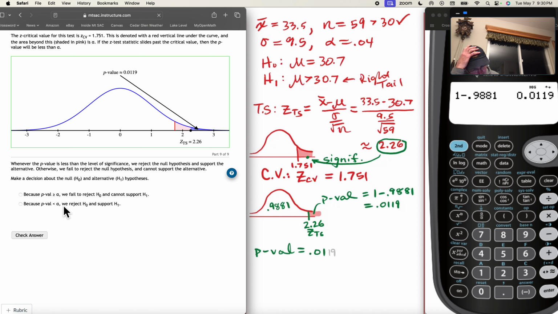We're just focusing on the 0.01, which is less than 0.0, what's alpha? 0.04. That's our alpha. So less always means that we reject the null hypothesis and support the alternative.